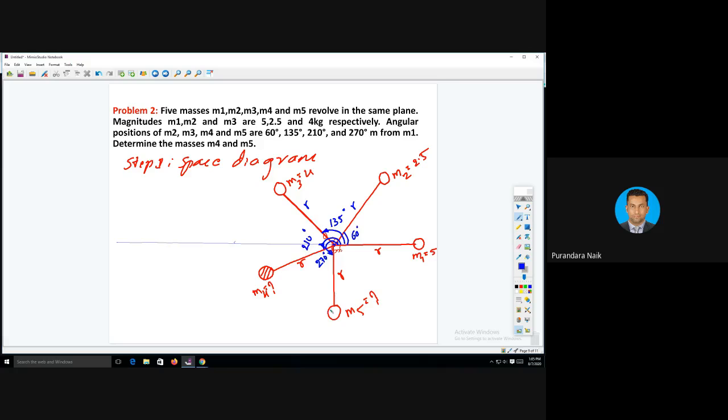So this is also an unknown mass. Just shade it. Otherwise, you can shade with a dotted line or a red colored line.